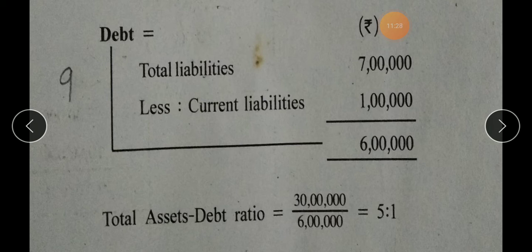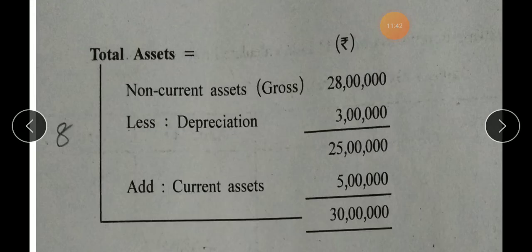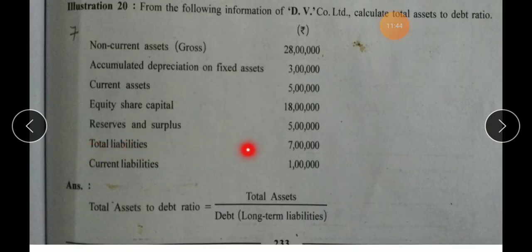And that is what we have done in the given question. We have deducted current liabilities from total liabilities. So 7 lakh minus 1 lakh, 6 lakh. You see? These are the total liabilities, these are the current liabilities. We are not in need of anything else.